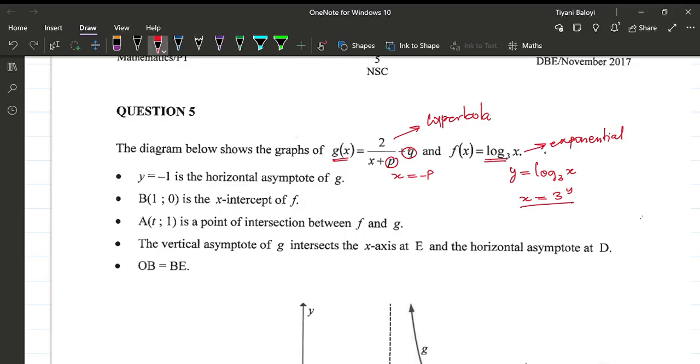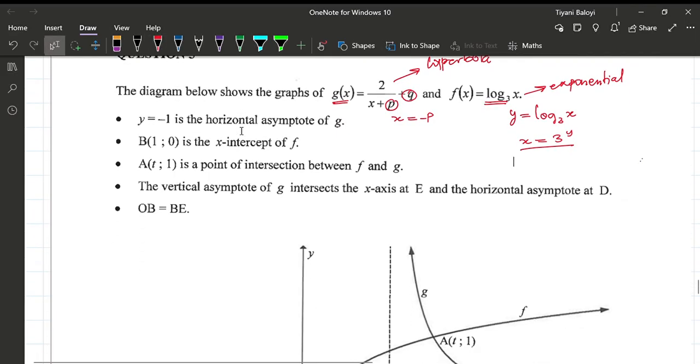So let's just get to our given information. It says y is equal to minus 1 is the horizontal asymptote of g. So you can already tell that our q is minus 1, because that's our horizontal asymptote. And then B, which is (1; 0), is the x-intercept of f. f is a different function, it's the exponential. Let's take note of that.